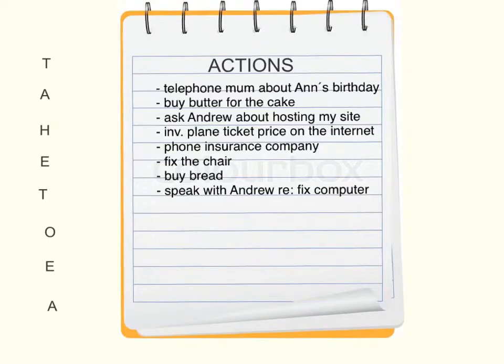Now, from your roadmap and your brain dump, your brainstorm, you got lots of actions, remember? These actions, you note them down in the notebook and you bring it along with you, because this is the way you are going to know what to do at any moment of the day.